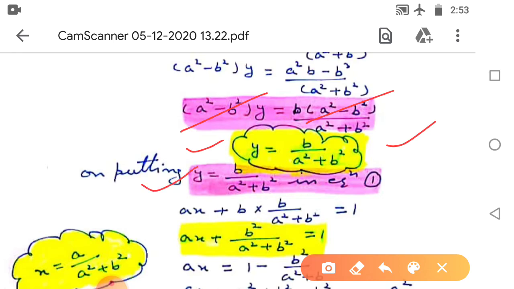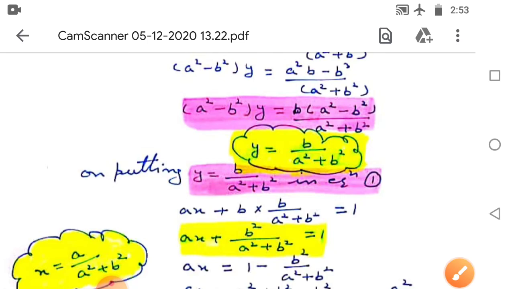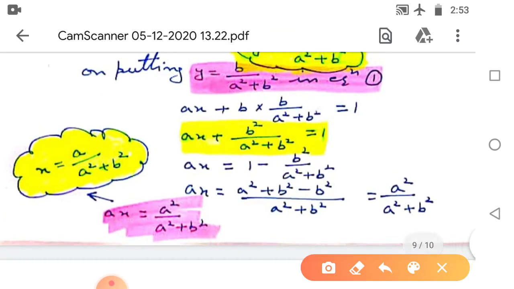After putting the value of y as b upon (a² + b²) in equation 1, we get ax + b into b upon (a² + b²) equals 1, and it becomes ax + b² upon (a² + b²) = 1. Now take this to the right-hand side and take the LCM as a² + b².